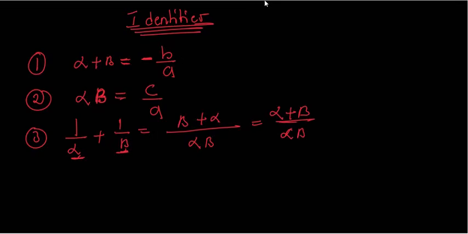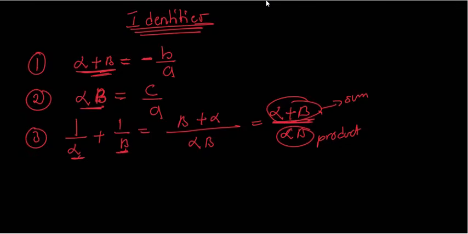So this part here that is on top, alpha plus beta, is just the same, there is no difference. So in short, that is the sum that is on top, and this is the product. You have seen that, right? Those are the things that you need to take note of when you are dealing with these ones.